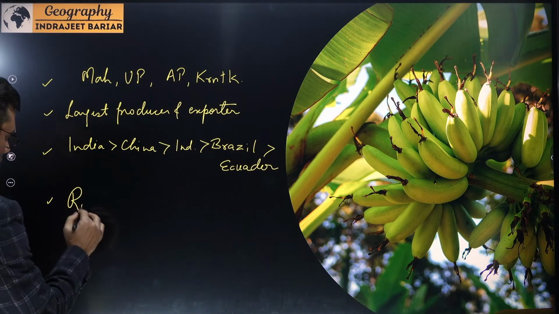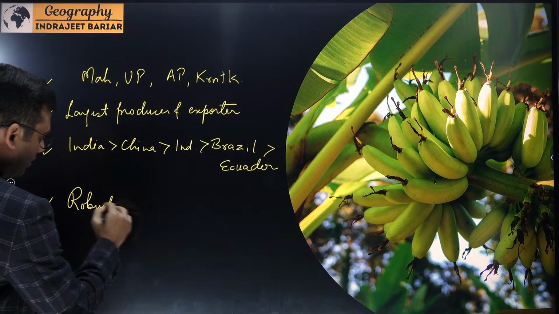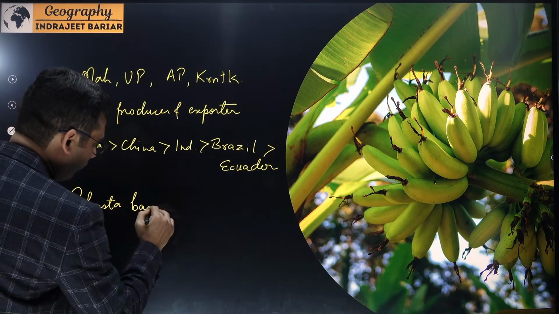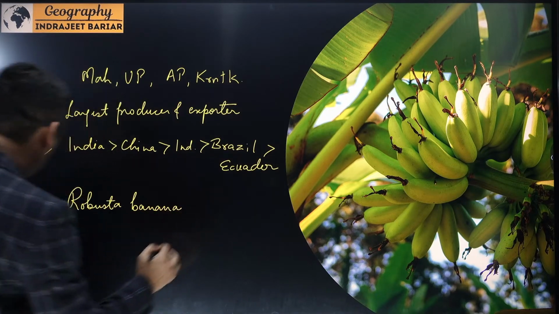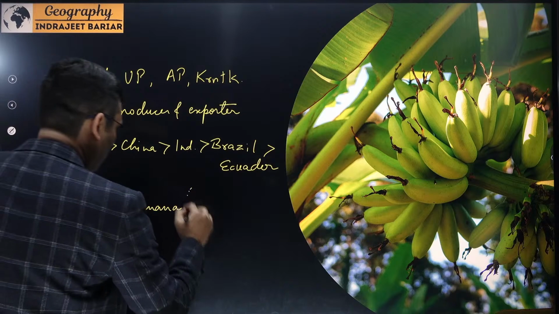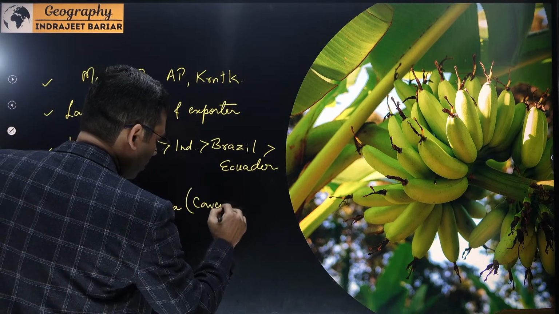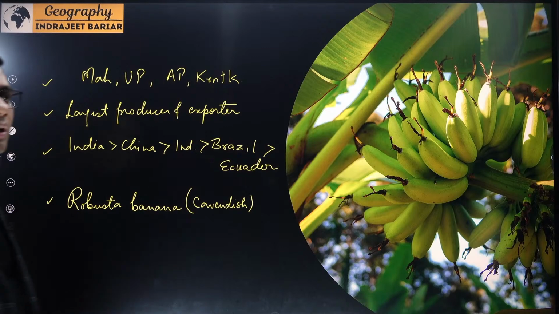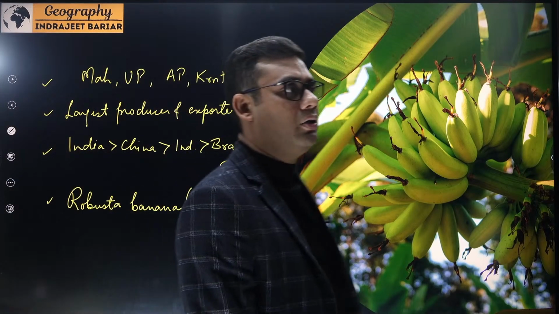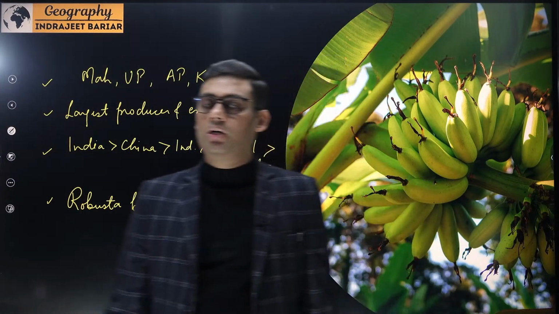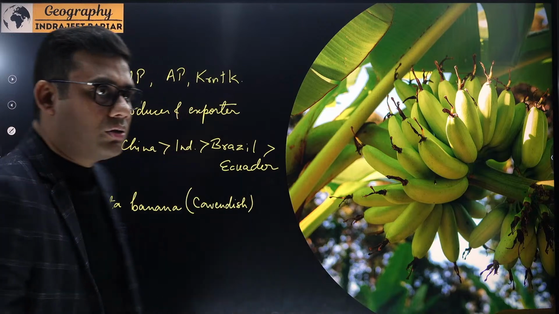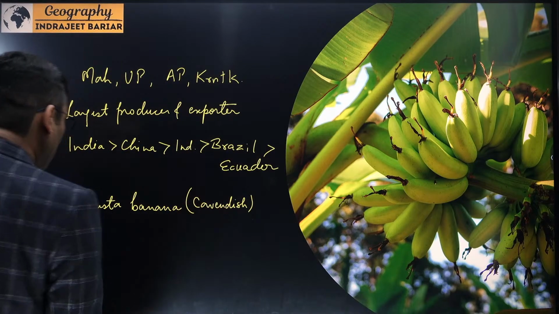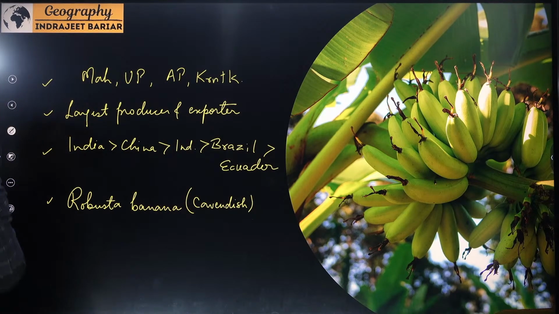First one is Robusta banana. Robusta banana belongs to a larger family called Cavendish. These Cavendish bananas are the ones mainly exported. So the main export variety is Robusta banana.